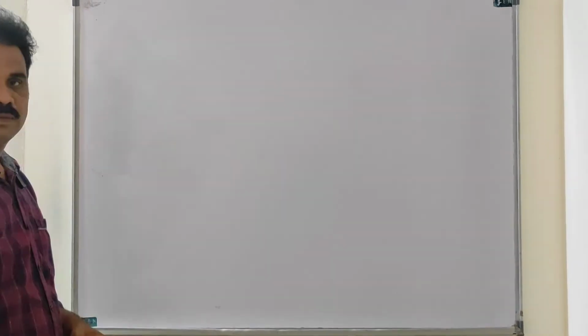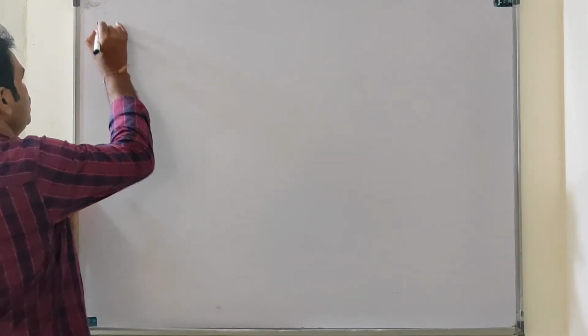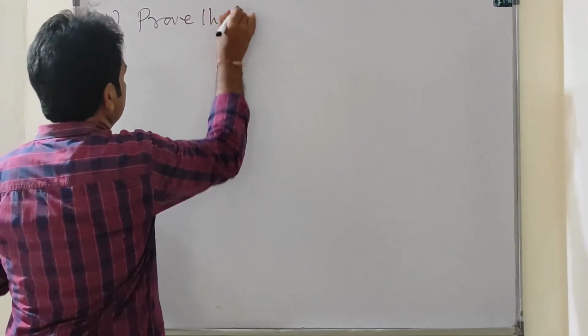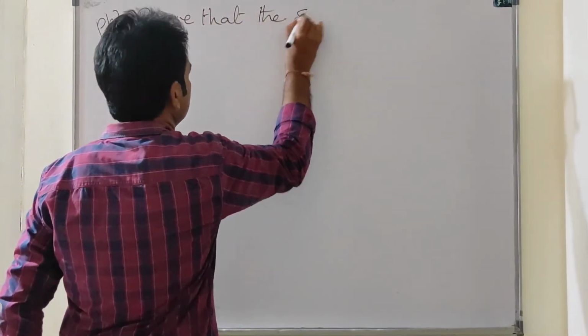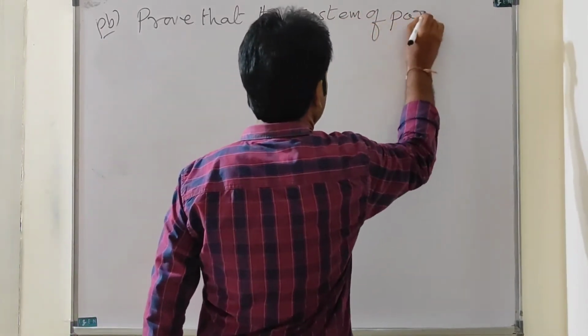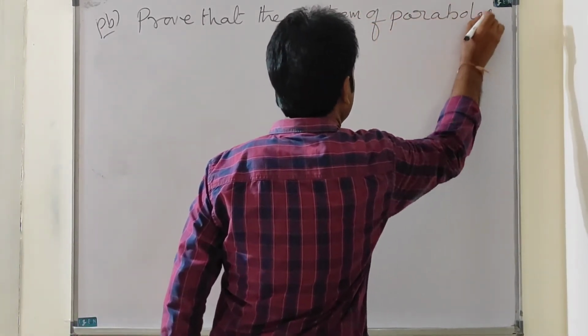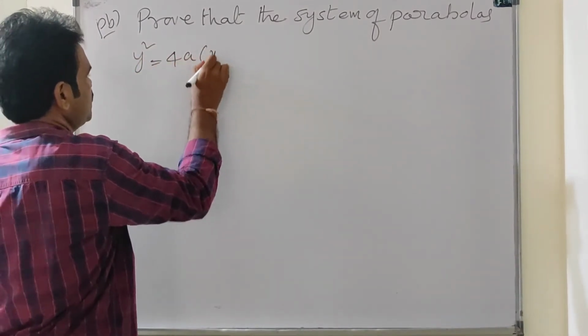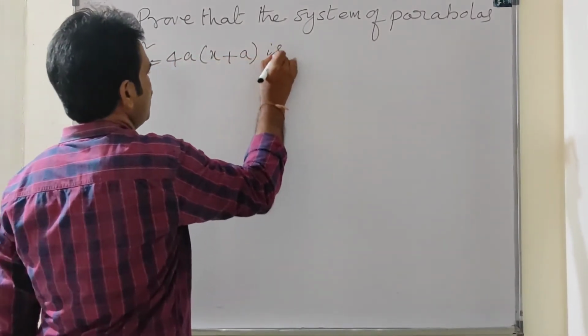Okay. Next problem. Prove that the system of parabolas y square equal to 4a into x plus a is self-orthogonal.